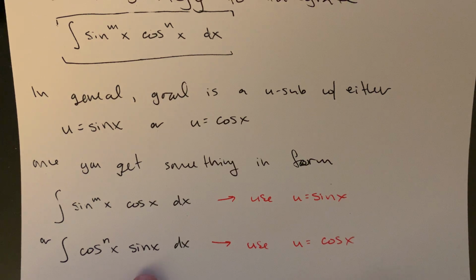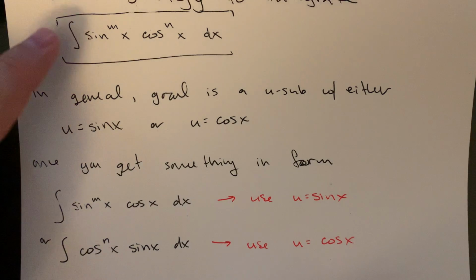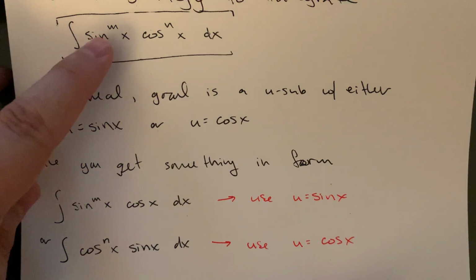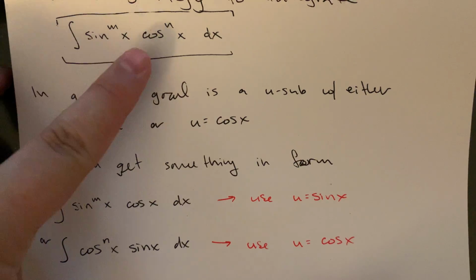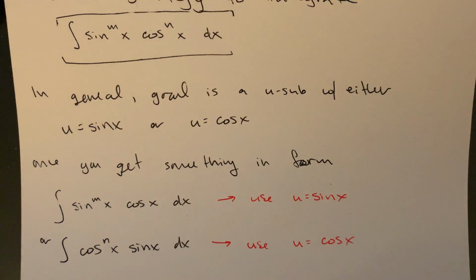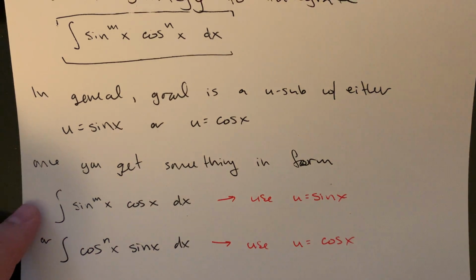So the idea generically is you want to try to get from an integral that has powers on both sine and cosine, to rewrite it and rearrange it to get to something like this, where you have just sine to a power times a single cosine, or cosine to a power times a single sine.